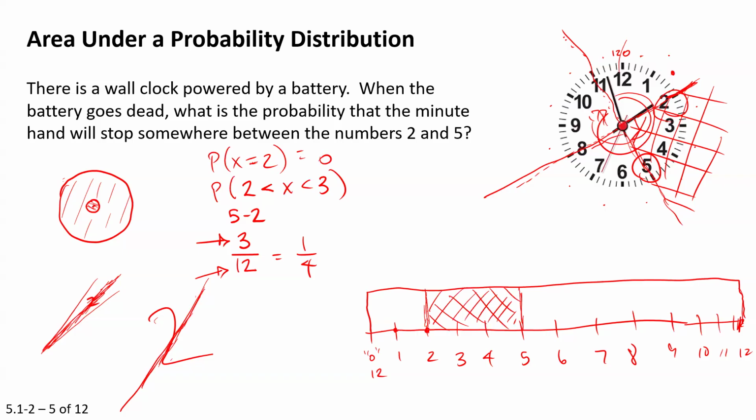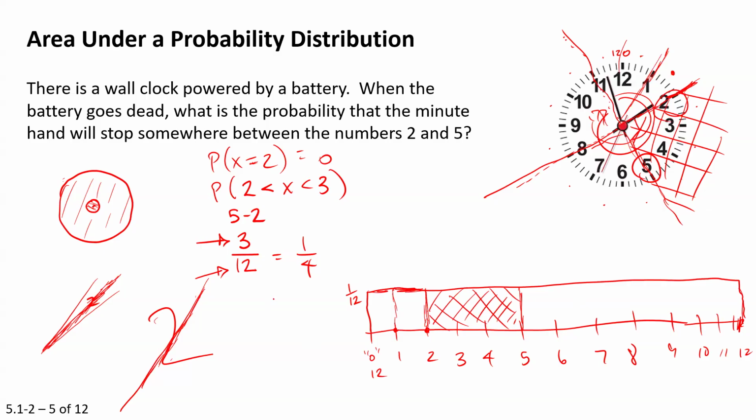How many pieces of the pie is that? Between 1 and 2? One of the 12 pieces. So yeah, this probability here is 1/12 between 1 and 2 here. And the probability that it's in between 12 and 1 is also 1/12. And the probability that it's between 6 and 7 is also 1/12.